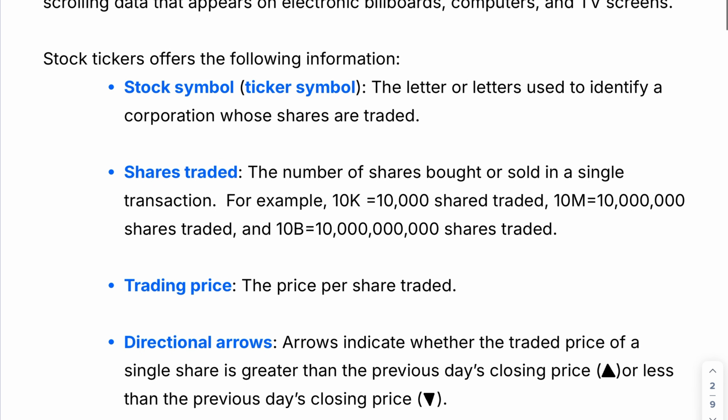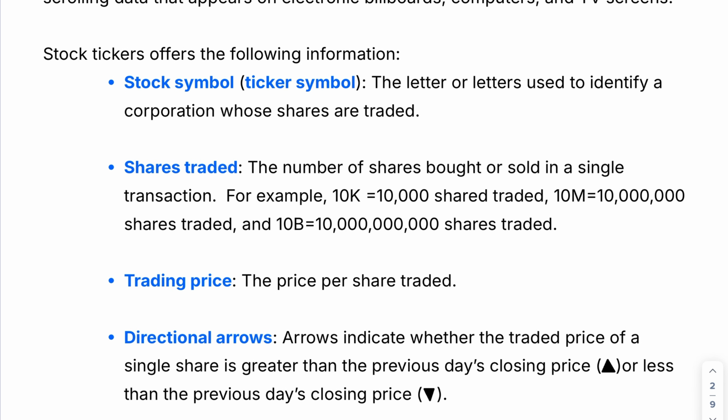Now, with respect to the stock ticker, there are 4 important pieces of information. The first one is the stock symbol, or ticker symbol, which is a set of letters that identify a corporation whose shares are traded. The second piece of information is the number of shares that were traded, and they could be represented by the letter K to represent the number in thousands.